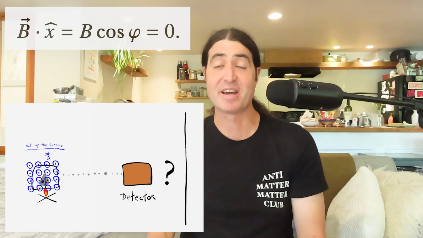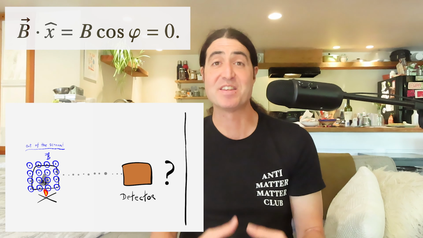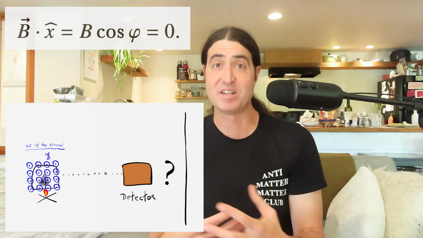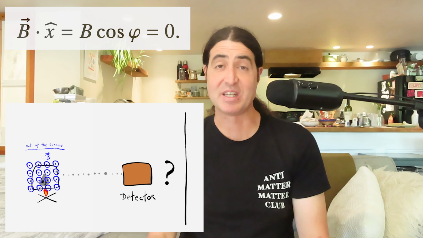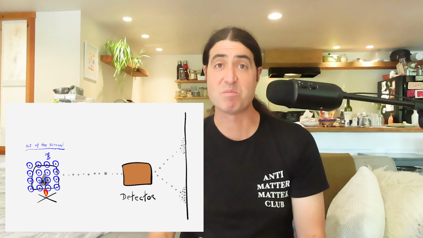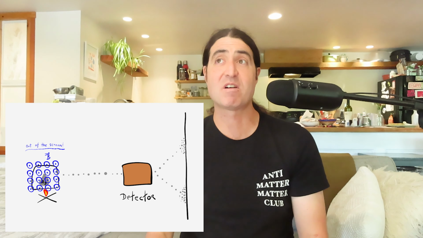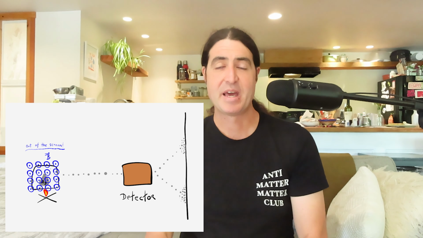Once again, the cosine of the angle between the silver atoms and the detector is 0, which is consistent with 90 degrees. Good, so what do we see? Well, once again, we see exactly the same thing that we saw in the first case, which is that the beam is split perfectly in two. Half of the particles go up, half of the particles go down.